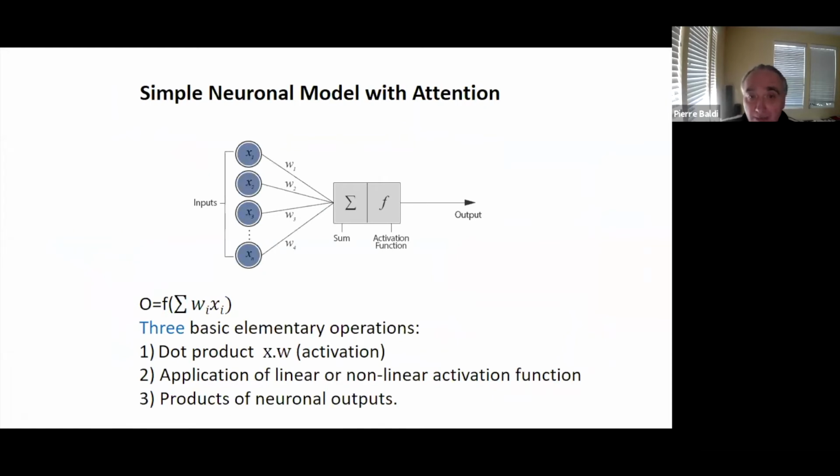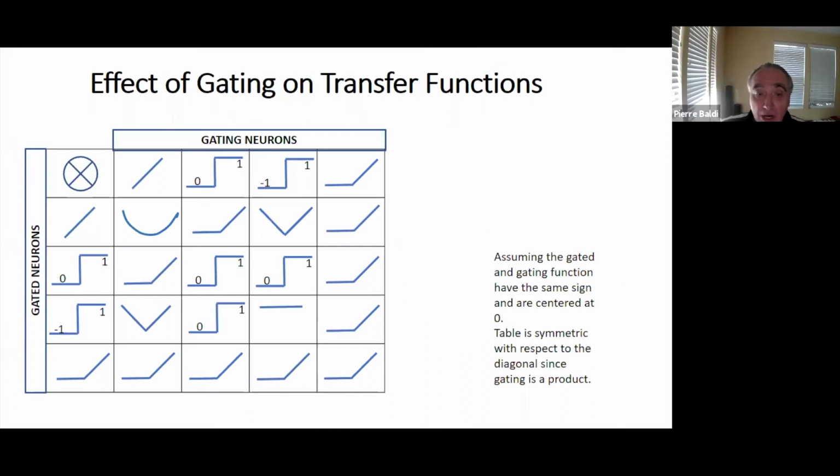So this is the expanded McCulloch and Pitts model where we still stay with linear activation. So we have a dot product of X with W. We don't use all quadratic terms at that level. We have linear or nonlinear transfer functions, but then we allow for the product of neuronal outputs. Now, what happens when you do that? What do you gain and what is the cost? That is going to be the essential question.